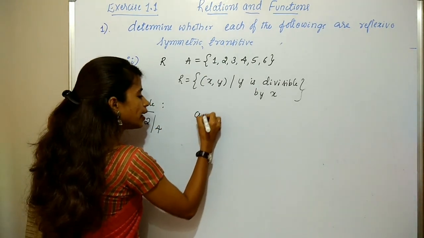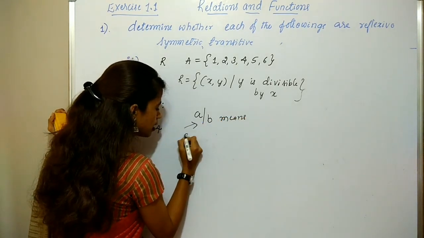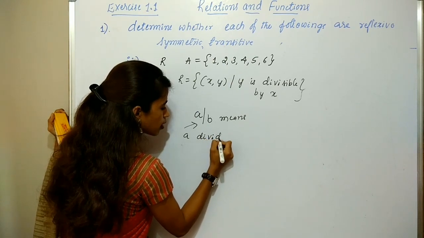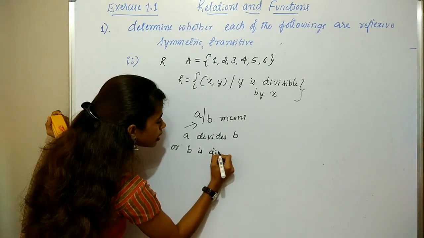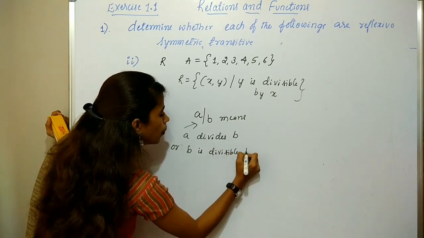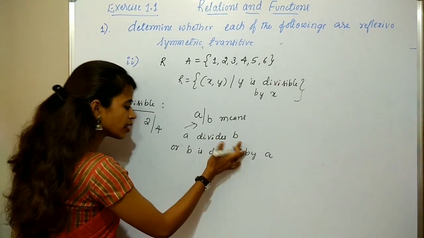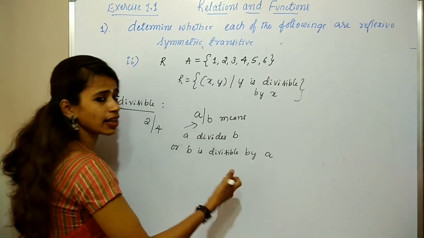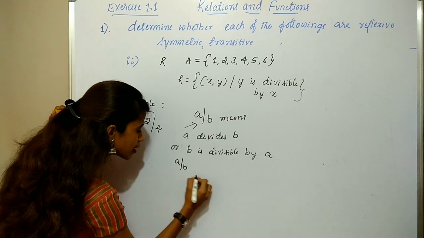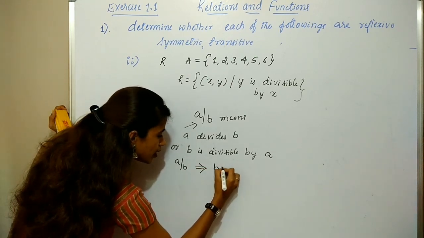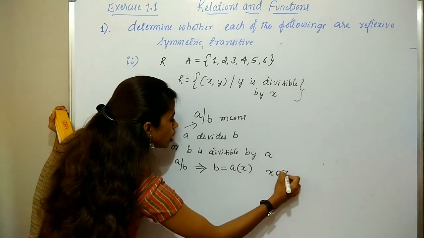A divides B means B is divisible by A. Both are one and the same. A divides B is nothing but B is equal to A into some number. That number belongs to the integers.